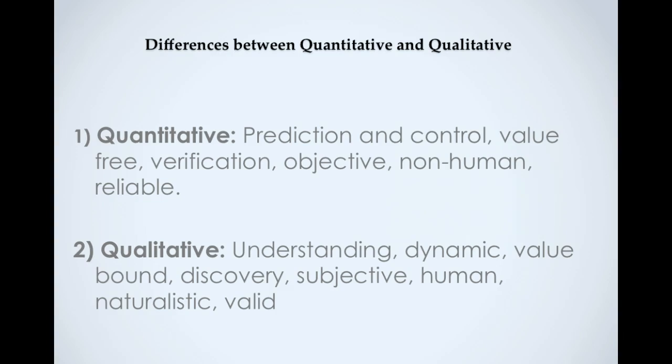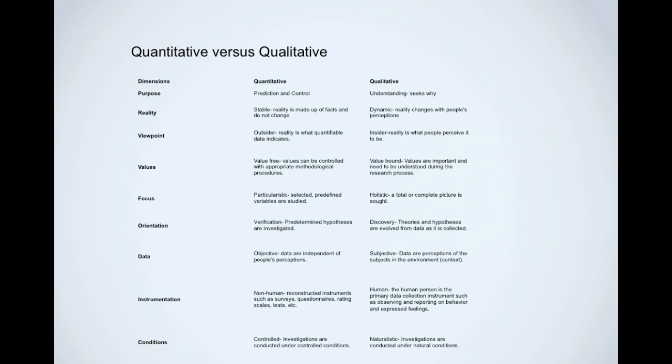Quantitative tends to control, it tends to be very objective, tends to be reduced in bias, where qualitative seeks more of an understanding. It is using a subjective voice where the investigator is giving an opinion. So there's some significant differences in here.